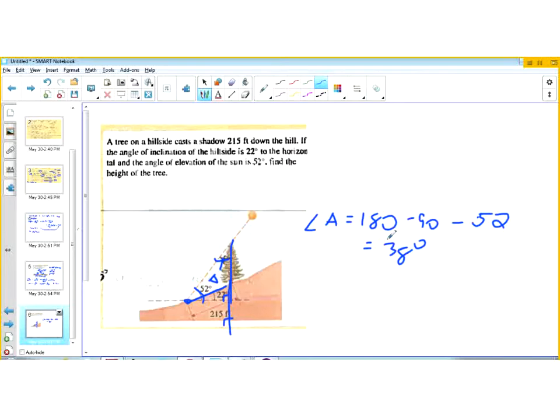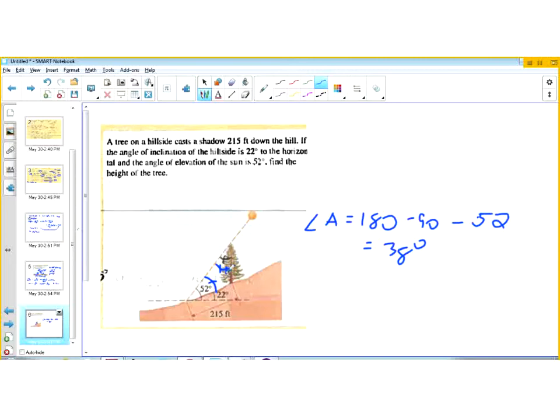Okay, so now, can we use the law of sines? Sure. Now that we know the measure of the angle, we know the measure of this angle is 30 degrees right there, and this is a 38-degree angle.